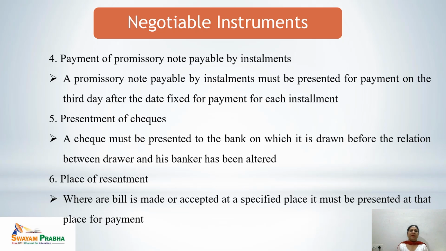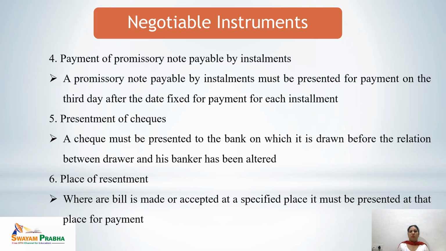Next is presentment of checks. A check must be presented to the bank on which it is drawn before the relation between drawer and his banker has been altered. We know that the check is drawn on a banker.